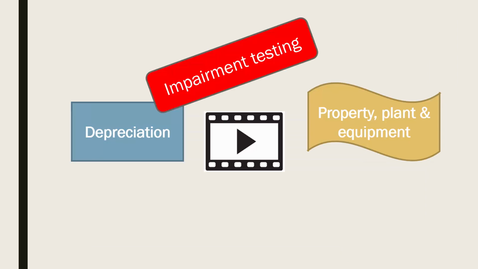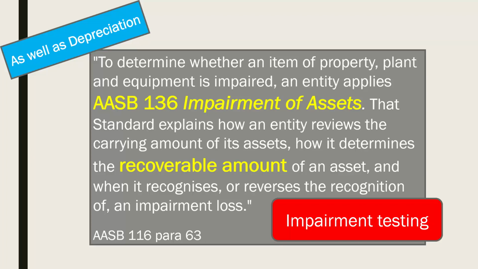As well as depreciation, we also need to determine in each period whether an item of property, plant and equipment is impaired. To do this, we apply AASB 136 Impairment of Assets. A firm needs to ensure its assets, including property, plant and equipment, are carried at no more than their recoverable amount.